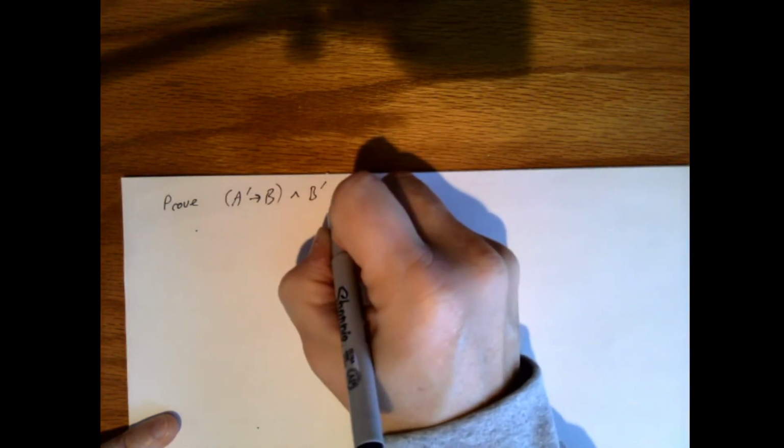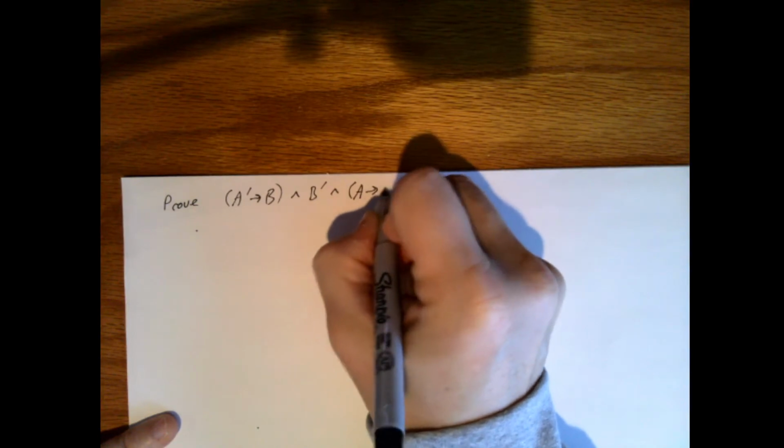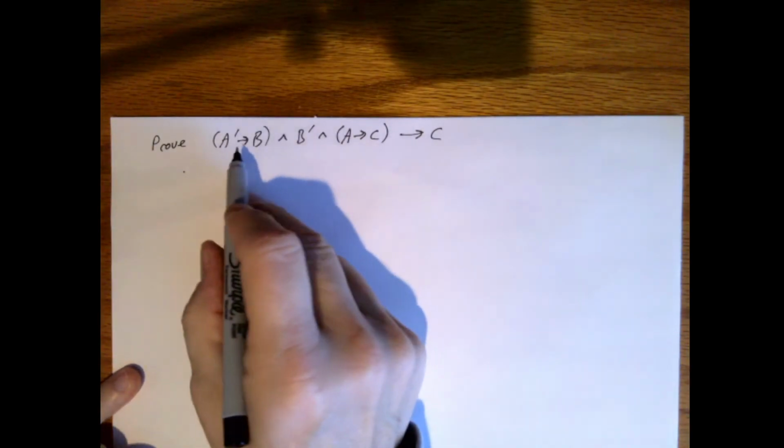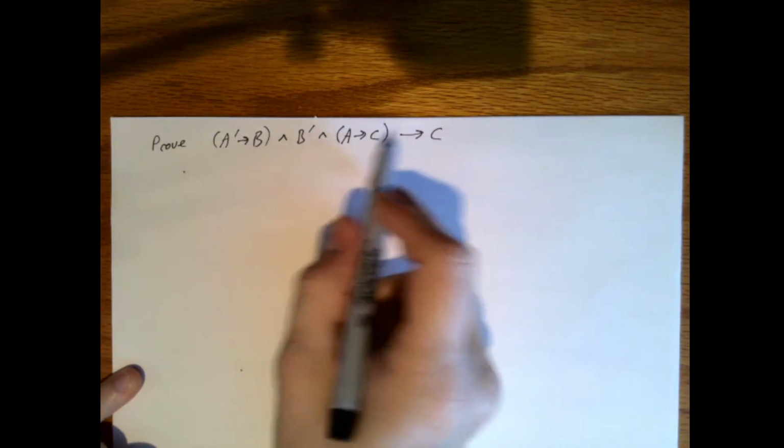Let's work an example or two. Prove A not implies B, and B not, and A implies C, and all of that together implies C. So there's my P1 and P2 and P3 implies Q. That's in my right form.